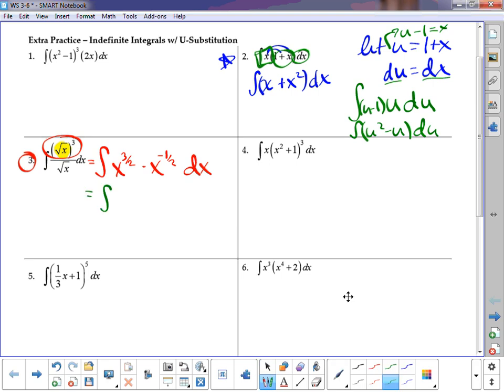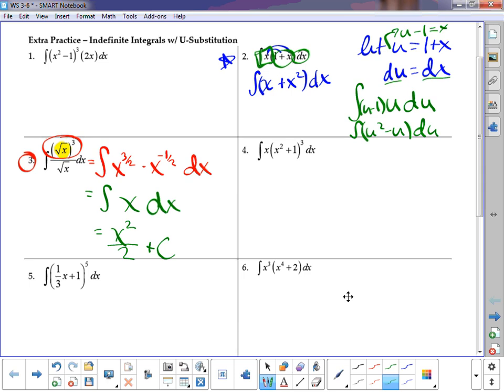When I multiply x to the 3/2 times x to the negative 1/2, what do I get? What do I do with my exponents when I multiply them? We add them, right? What's 3/2 plus negative 1/2? Just 1, right? It's 2 over 2, which is just 1. So I really just have x dx, and then that's super quick for me to integrate.